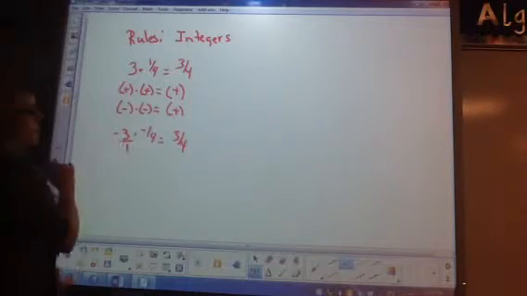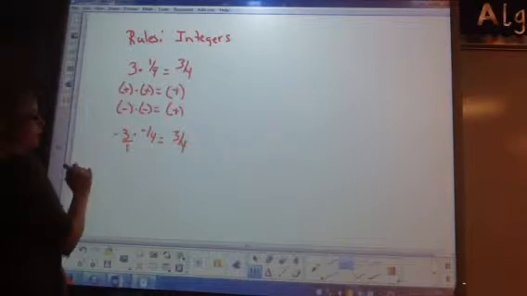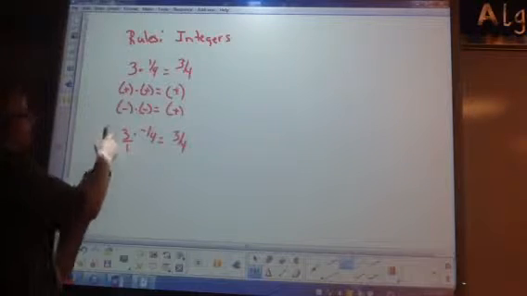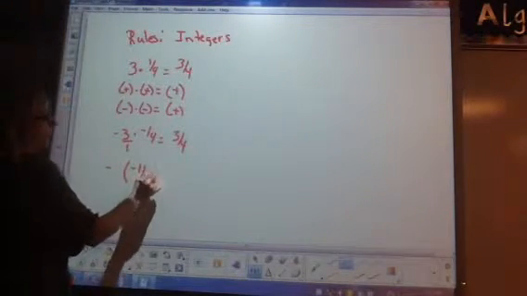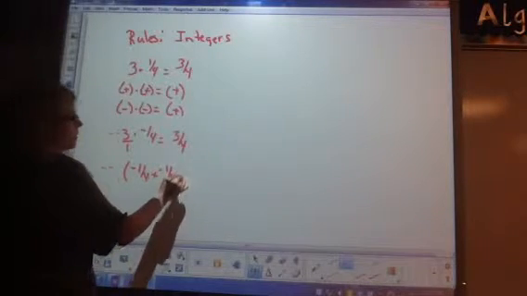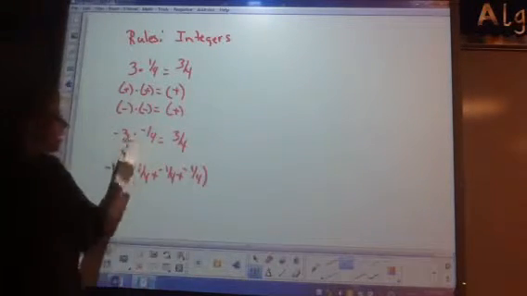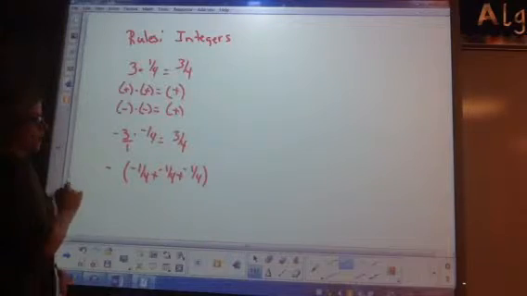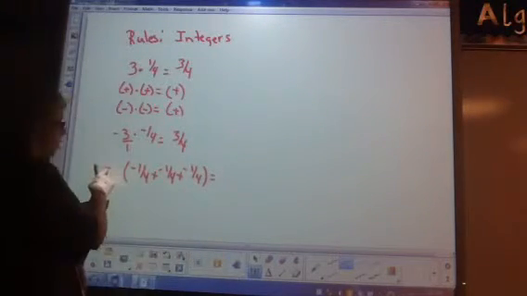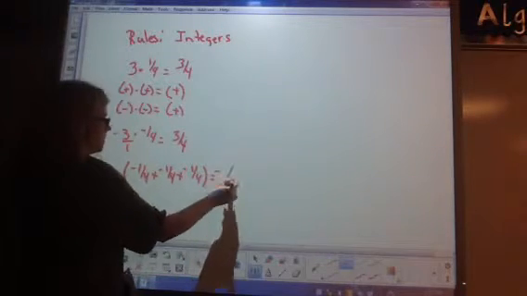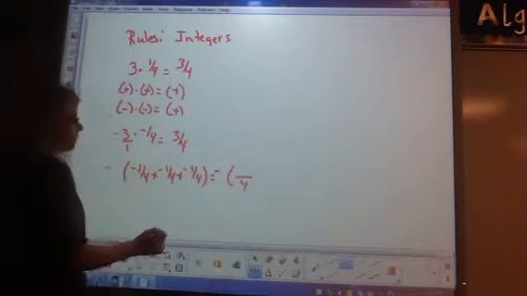Okay, why does this work? Well, let's look at this, okay? So negative means opposite. So we take the opposite of negative 1/4 plus negative 1/4 plus negative 1/4. Remember, multiplication is repeated addition. Okay, since we have the same denominator, remember that sign means opposite. Keep your denominator.